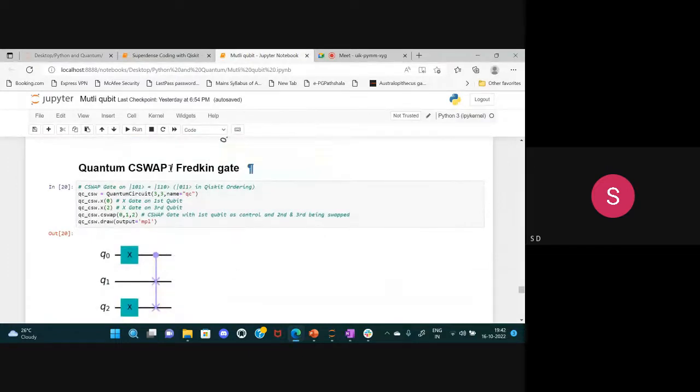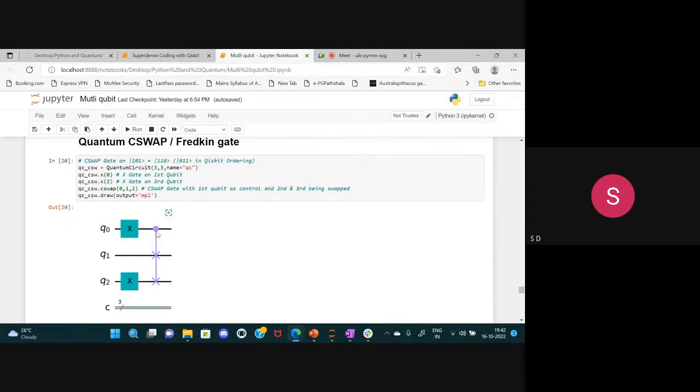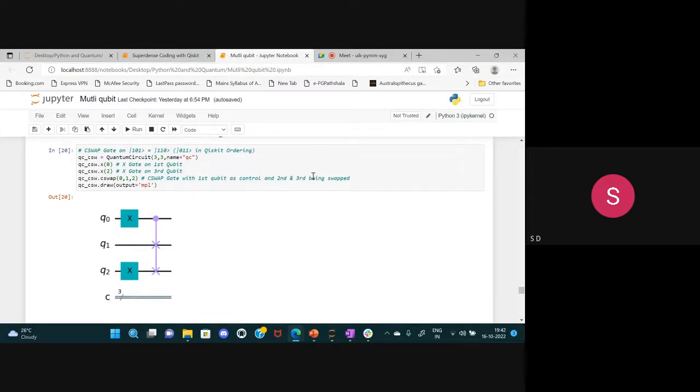Same as before, you define a variable and put the quantum circuit inside it. You give 3 qubits, because we are dealing with 3 qubits. Then you apply X gates, because we just have to flip so that Q0 should be 1. We will just solve this quickly.